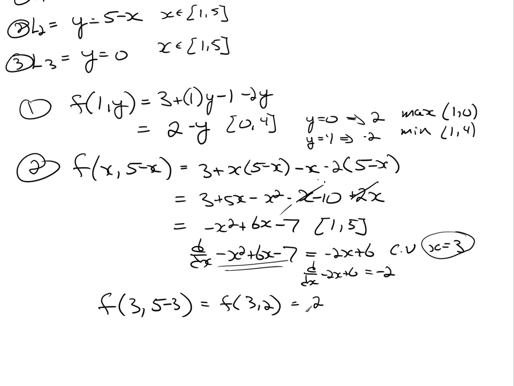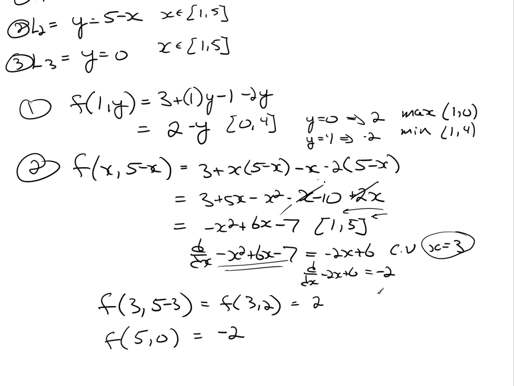And of course, I also need to consider these endpoints. Well, 1 is already considered. It's right there. So all I really need to worry about is 5. So when x equals 5, I'm interested in f of 5, 0, which is actually going to be negative 2.